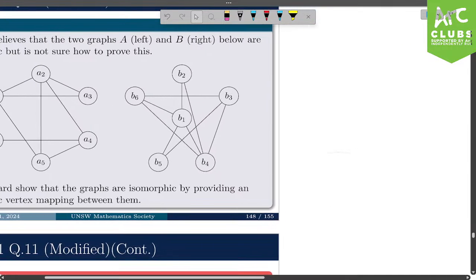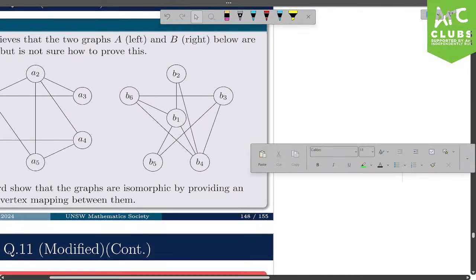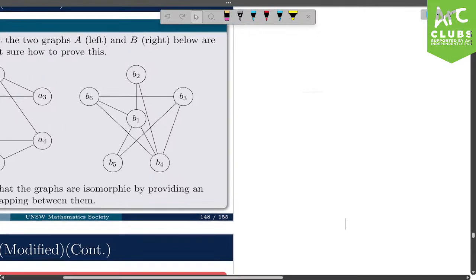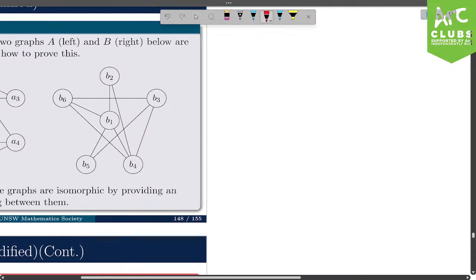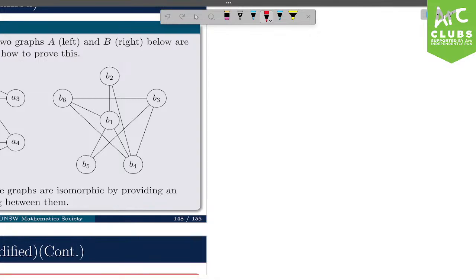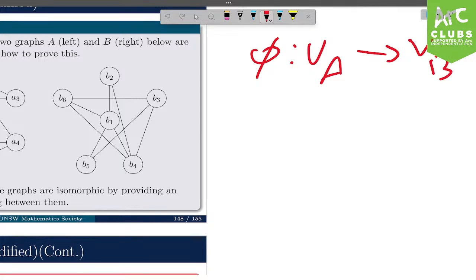So an isomorphic vertex mapping to them is a rigorous way of expressing the idea I explained before of moving vertices and moving edges. So essentially what that entails is it's a mapping from the vertex set of, say, A to the vertex set of B, right, such that the edges between them are preserved.